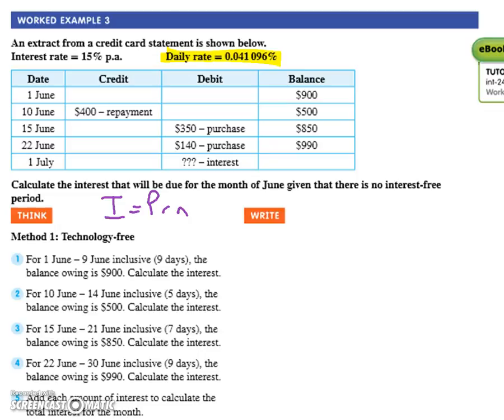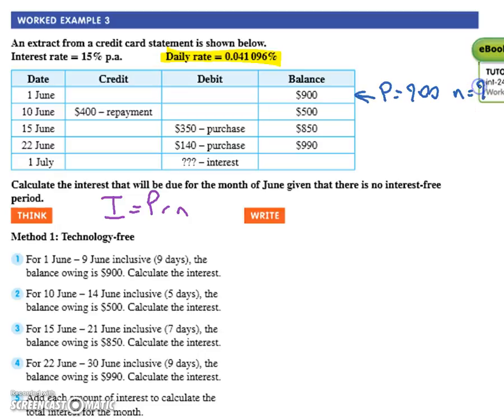9 days. So, if we have a look at this particular part right here, the interest rate is going to be that. But what's our P going to be? How much did they owe? 900. What's our N going to be? How many days?